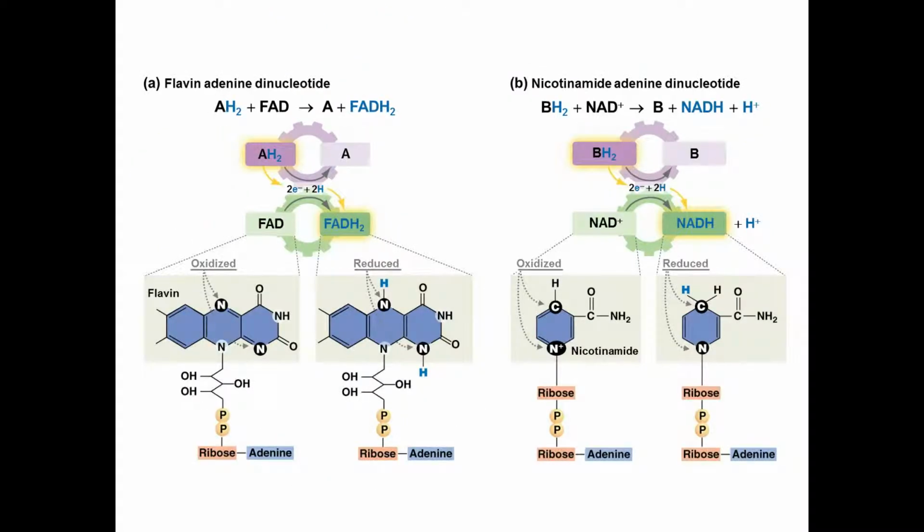Looking at FAD and NAD plus. Here you have some arbitrary reactant. This arbitrary reactant is going to give up its potential energy to FAD. In this case, this molecule is going to be oxidized, and this molecule will be reduced.